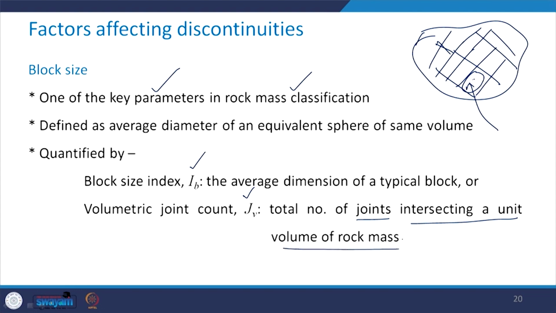So you take 1 unit volume of the rock mass and see how many joints intersect it. That would be your volumetric joint count, and in a sense it would give you an idea about the block size.